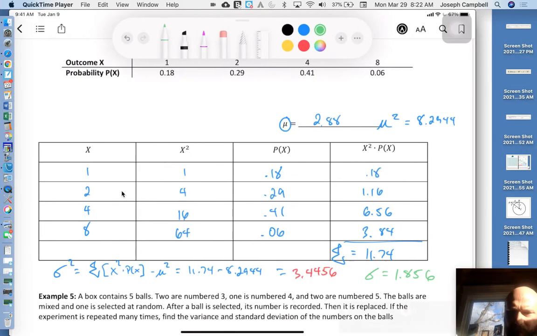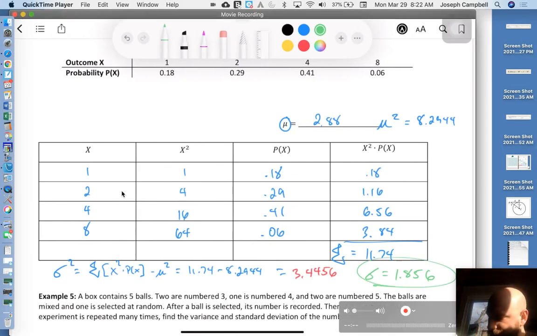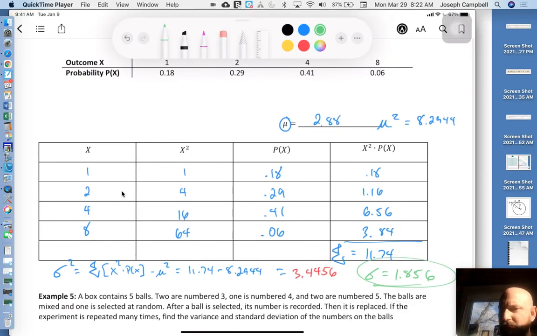Okay. So this says on average, right, we would expect the values to depart from the mean by about 1.9.